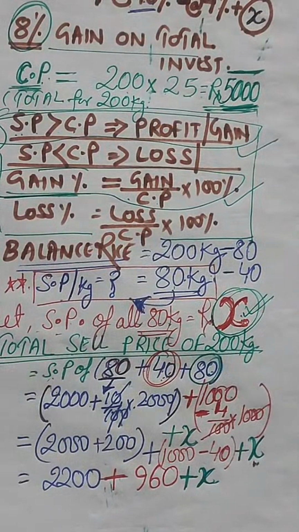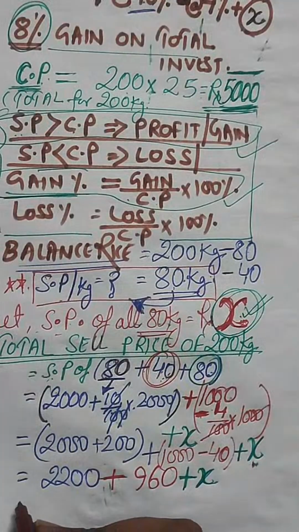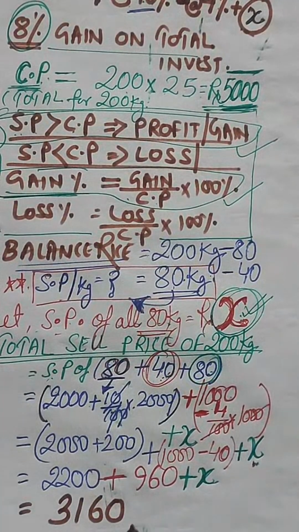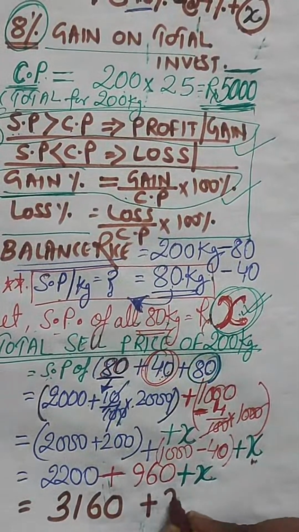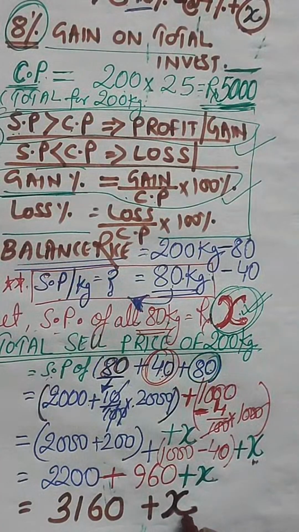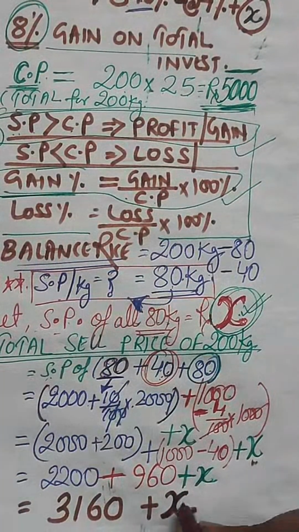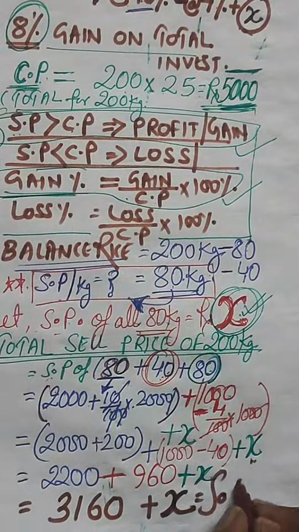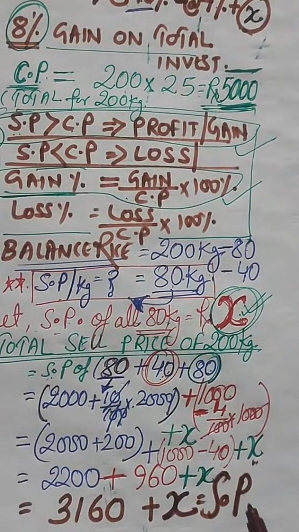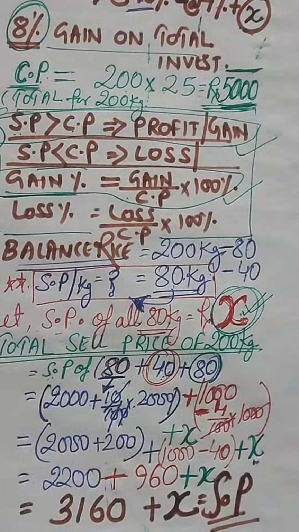So 2200 plus 960 will give you 3160 plus this x, which we are going to calculate, and finally we divide it by 80 to get the per kg price of the balance one, which is the question. So this is the entire sale price for the entire transaction.